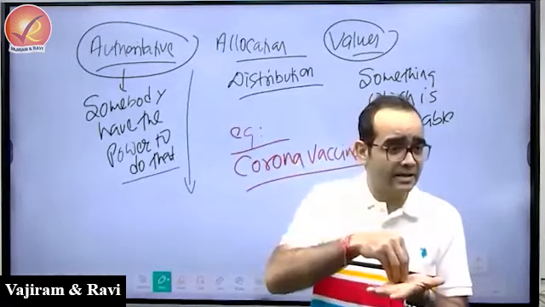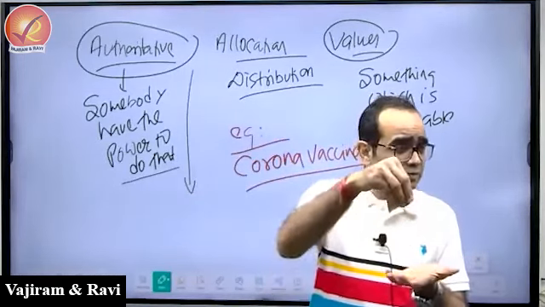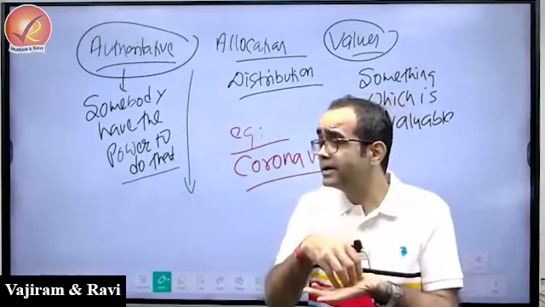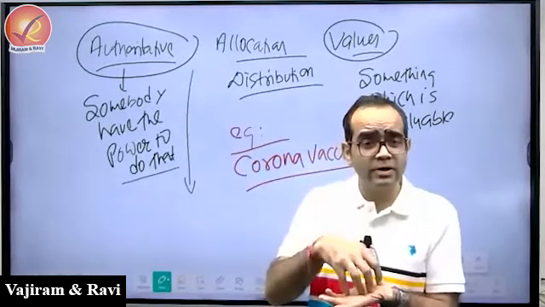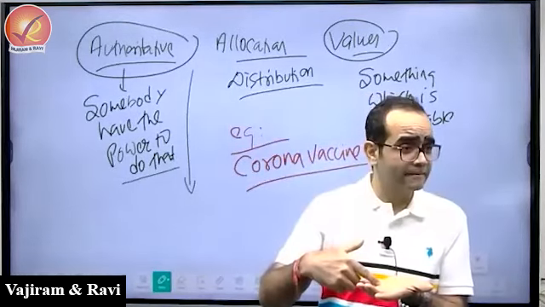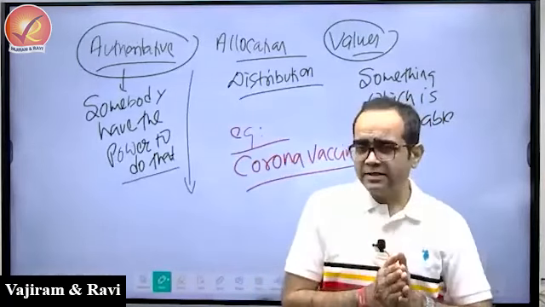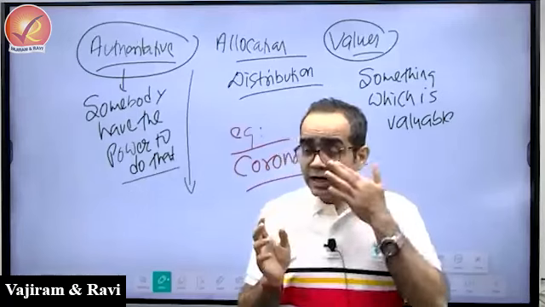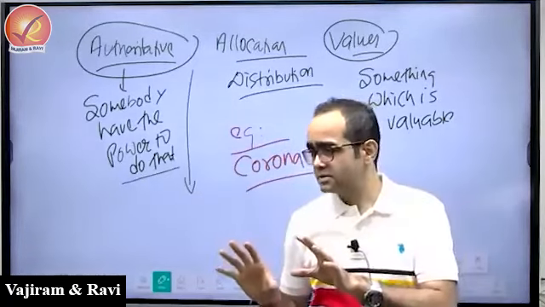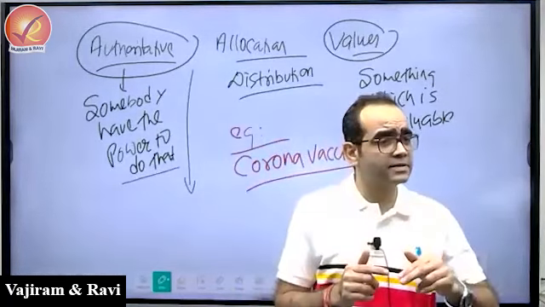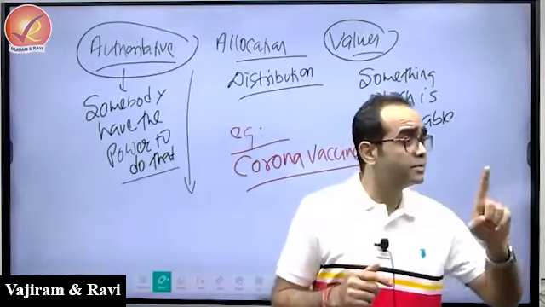Now 3 years back, the entire world was in the grip of the pandemic. What was the most valuable? Have the corona vaccine. Now, the corona vaccine came in India. The government decided a priority list. Who was given the first vaccine? The adult population.